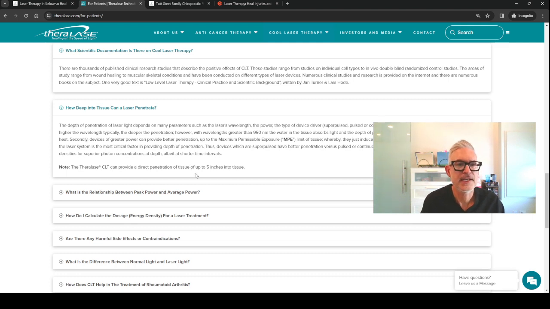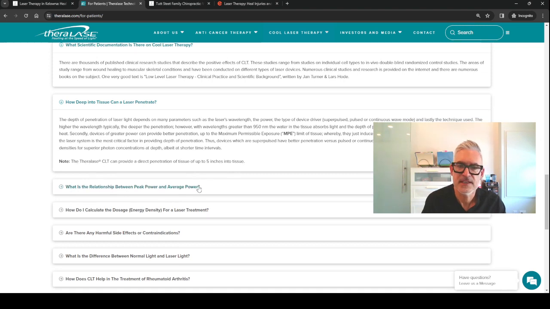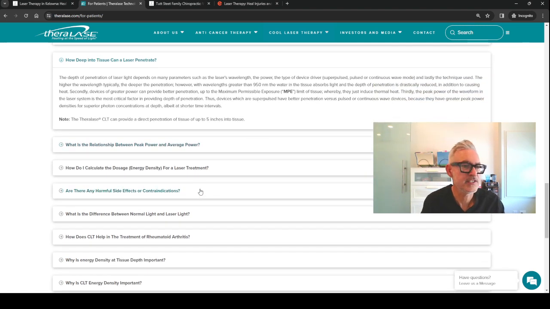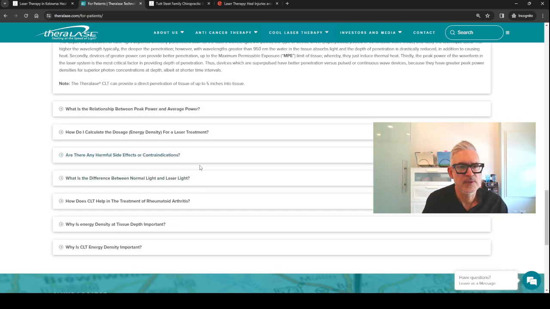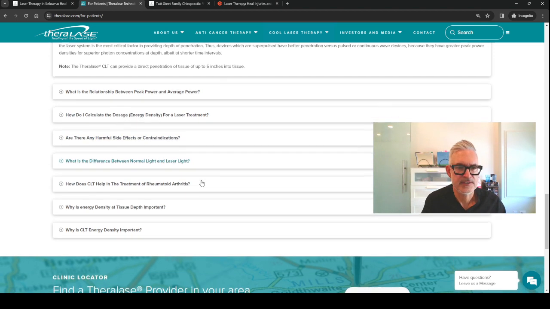So it can get quite down into the joint, as well as heal the soft tissues that are on the skin or just underneath the skin. That's fantastic for healing of injuries and scar tissue, that type of thing. And there's different wavelengths and different pulses to the light that I won't get into here.